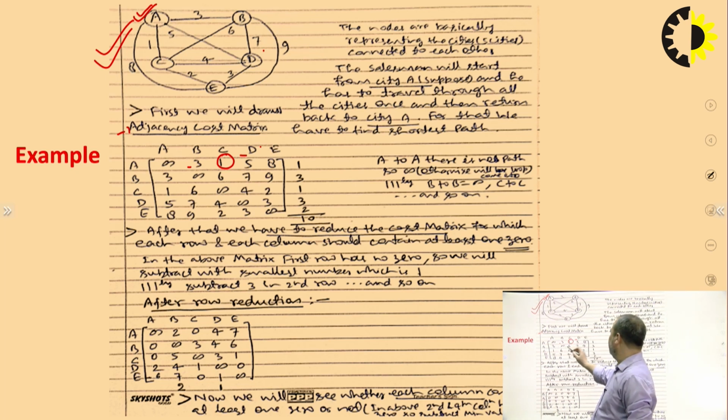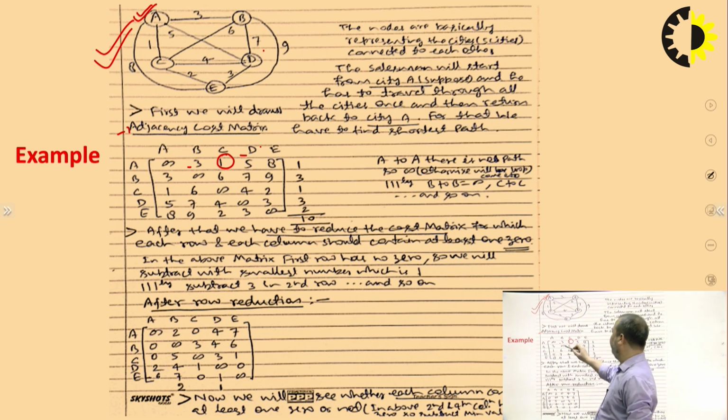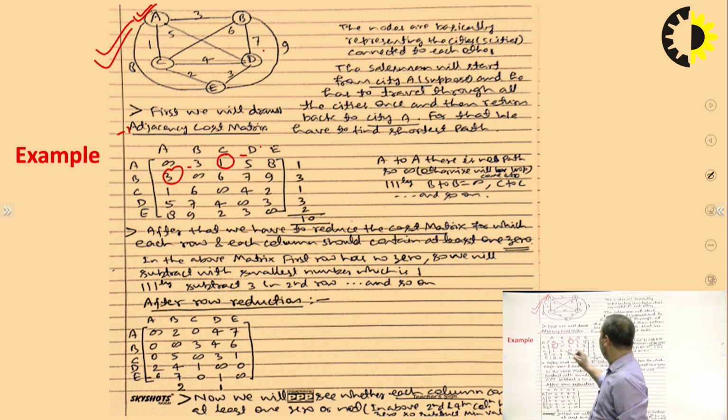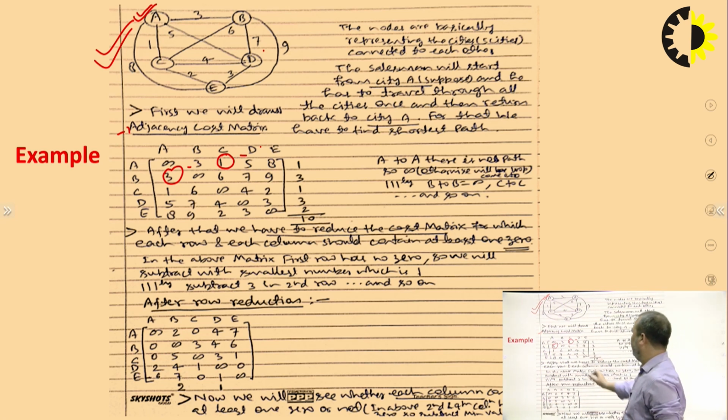Similarly here, not all the entries of the second row are infinite, and not even one 0 is in the second row. So the minimum element is 3, this one. So we write its cost, 3. Similarly here, not all entries are infinite and there is no 0, so we get the minimum entry. This is 1.